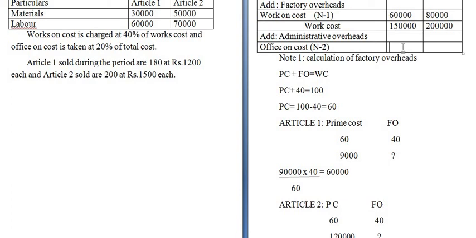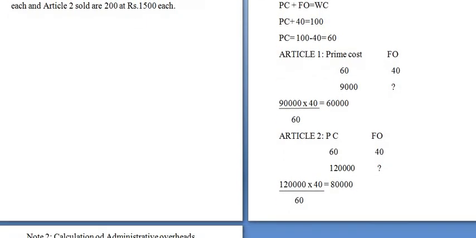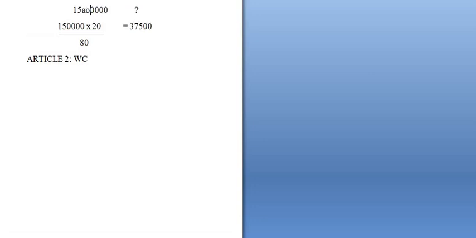Okay, so office on cost, it is how much? 37,500 for article 1. Okay, now we will have to calculate it for article 2. Again same calculation. Yes, here for article 2, again work cost, then administrative overheads.